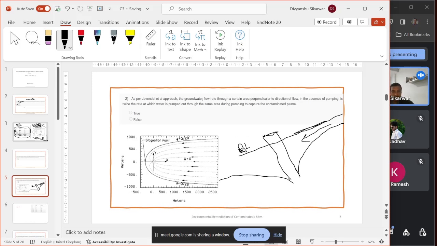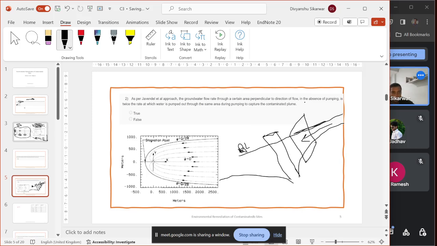So the question is asking about the groundwater flow rate through a certain area perpendicular to the direction of flow. If this is the direction of flow, there will be an area perpendicular to the direction of flow. It will be something like this area, right?